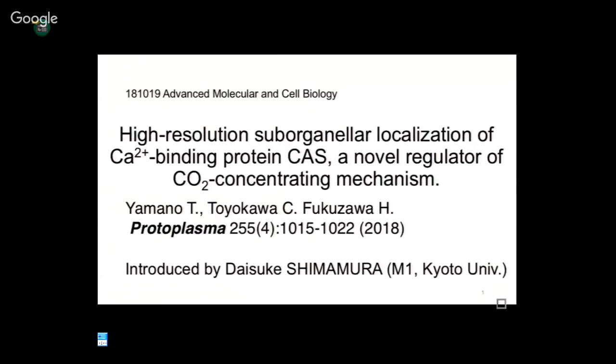I will introduce the high distribution subcellular localization of calcium binding protein CAS, a novel regulator of the CO2 concentrating mechanism.